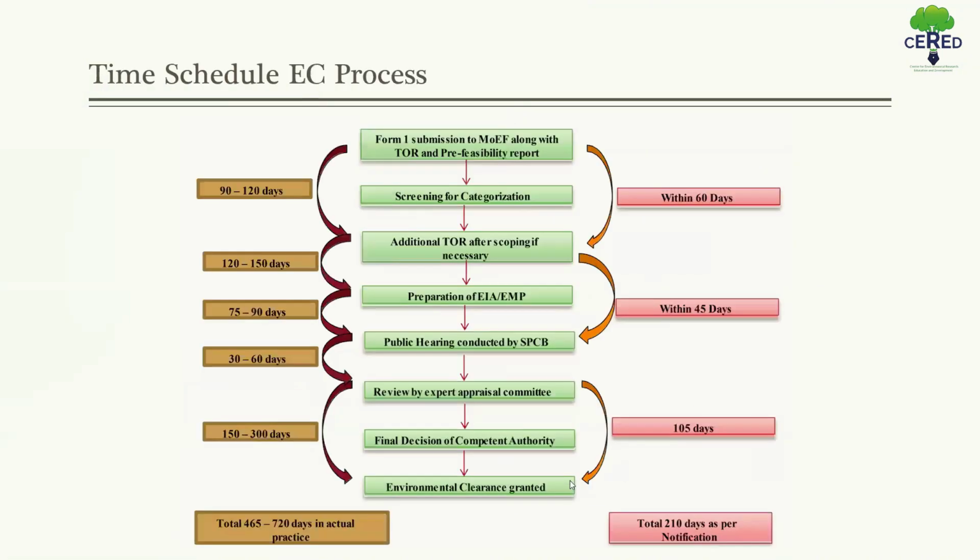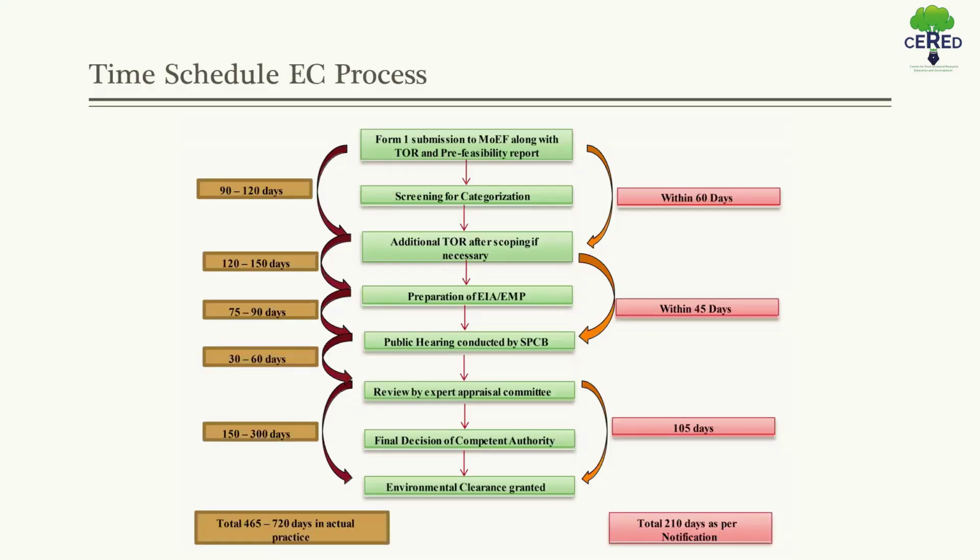Now next, this is the time schedule which we follow during EIA preparation. From Form 1 submission to MOEF along with the TOR and pre-feasibility, to screening and additional TOR, this takes 60 days by schedule, but in actual case it takes 90 to 120 days, because many data and many documents are required from the project proponent.